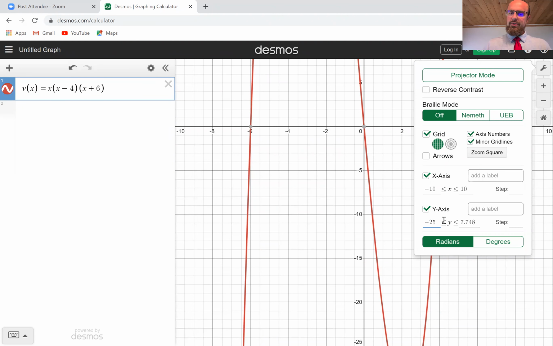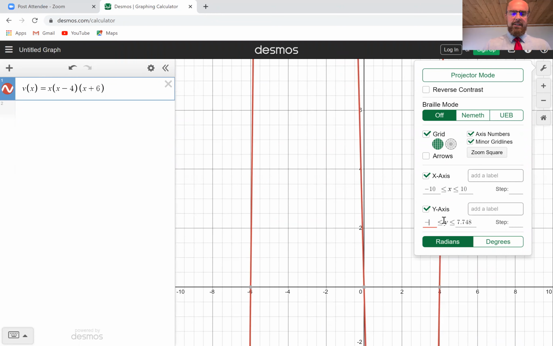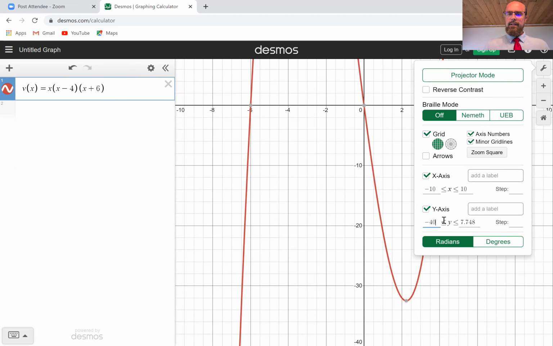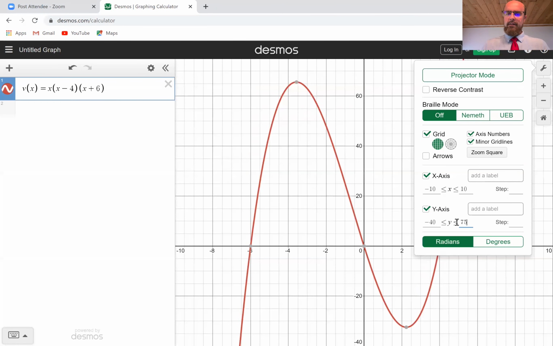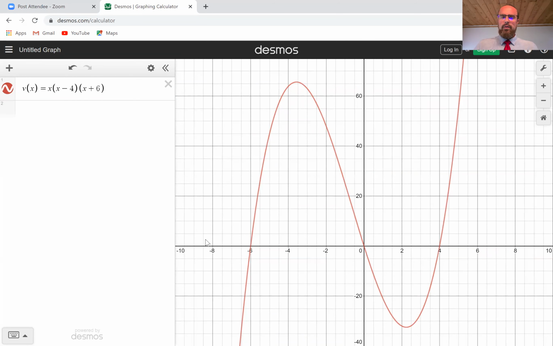We're getting there, but still I don't see that lower piece, so let's go negative 40. And that gives us a good view of that lower part of the graph. And then let's catch the upper part by changing the maximum of our y-axis. Let's go 50, almost 75, and there we go. So that'll work for us. So that's the function for our volume.